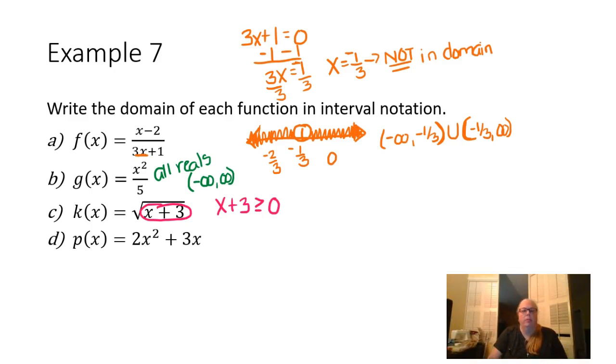It's not a real number. And whatever I get when I solve this inequality is going to be my domain. Well, let's subtract 3 from both sides. We have x is greater than or equal to negative 3. This is the domain.